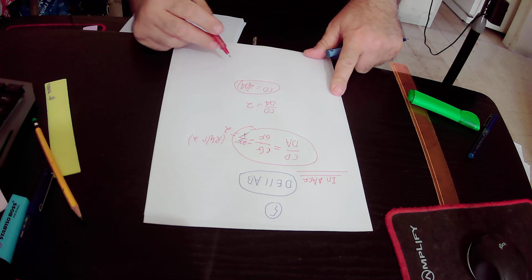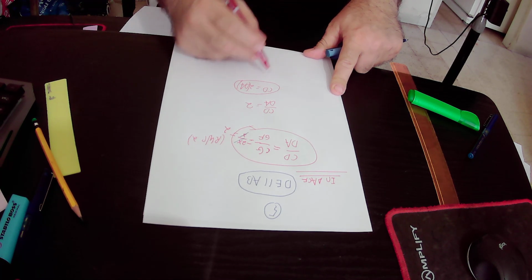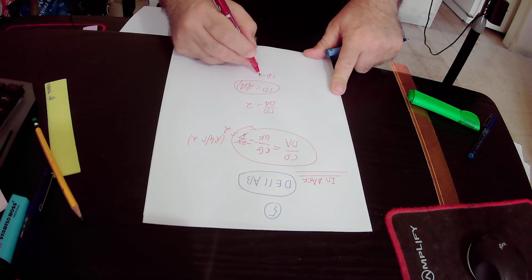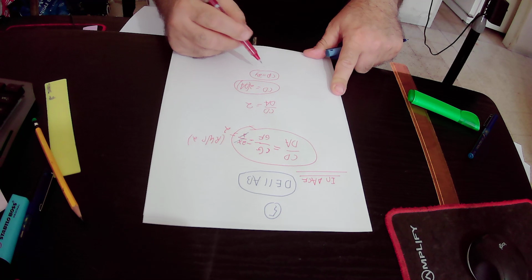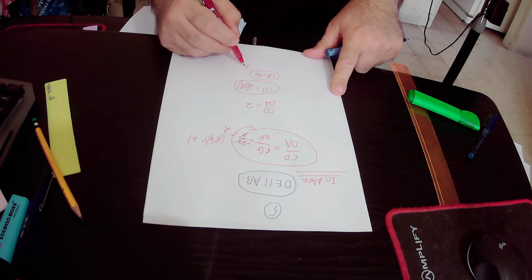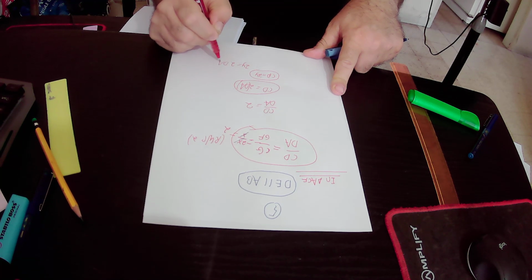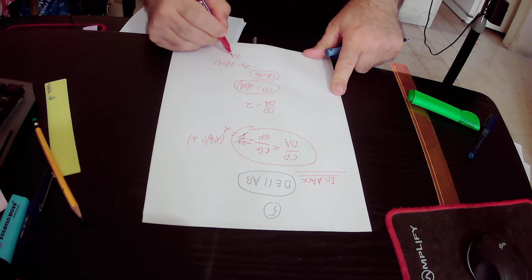If we define CD as 2y, that is to say CD equals 2y, then we will substitute CD by 2y and get that 2y equals 2 times DA. We will divide this equality by 2, and we will get that DA equals y.